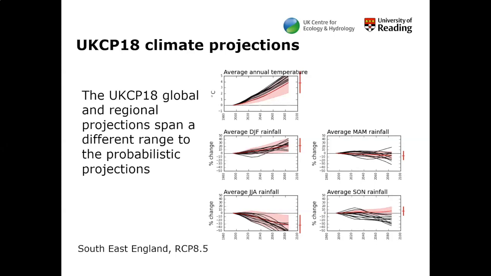And this is illustrated in this slide here. Typically, the global and regional projections, particularly the ones from the Hadley ensemble, tend to be warmer and drier in summer and autumn than the full range of the UKCP18 probabilistic projections. This is quite an important implication, and we'll see some of the consequences of this later on.